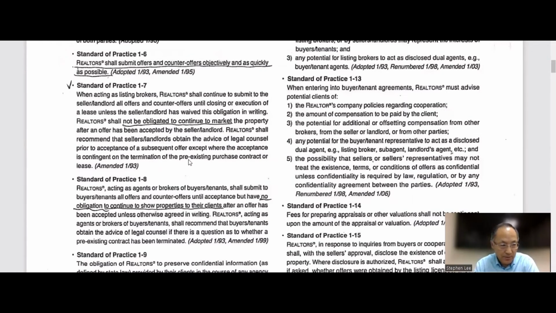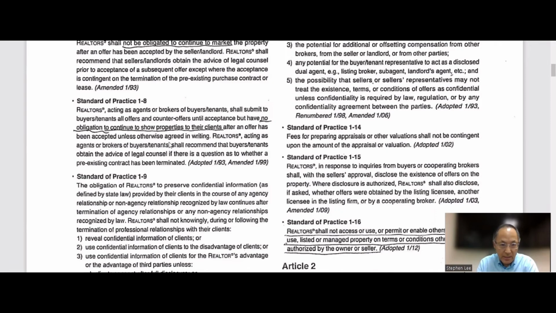When you accept the subsequent offer, which is much fancier than the offer that you're working on, you have to talk to the attorney, obviously, unless that subsequent offer specifies, okay, this offer will be effective after termination of the existing purchase contract. Okay, and number 1-8 is the other case with the buyer case.